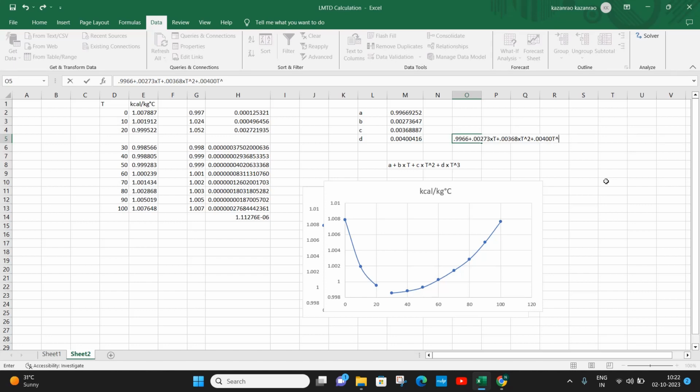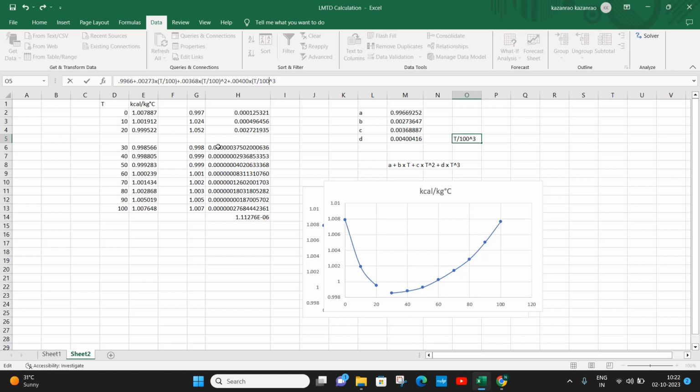I forgot one thing. Since these temperatures are of higher values, when you go to square and cube, I think I have used temperature by 100. Yes, you have to use temperature by 100. Whether to use just T or T by 100, we need a bit of experience, and we have to know which is a better way to form the equation.